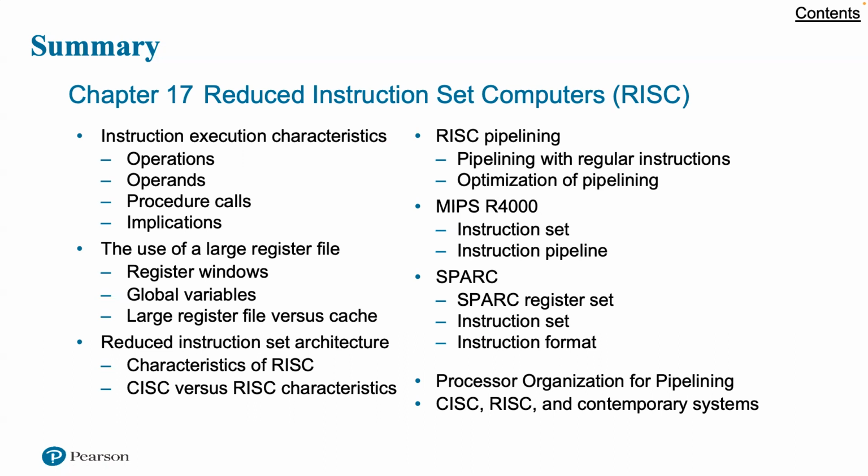We looked at the MIPS R4000 and the SPARC architecture that was developed by Sun Microsystems. Then we looked at processor organization and various ways of pipelining, and then finally thought about CISC, RISC, and contemporary systems as we finished up the lecture.